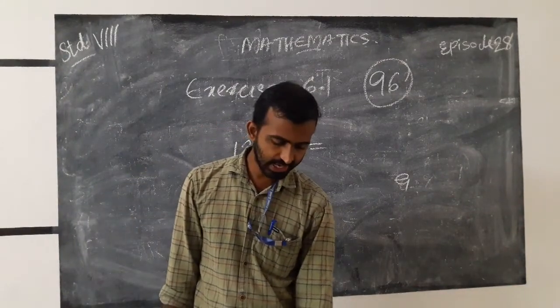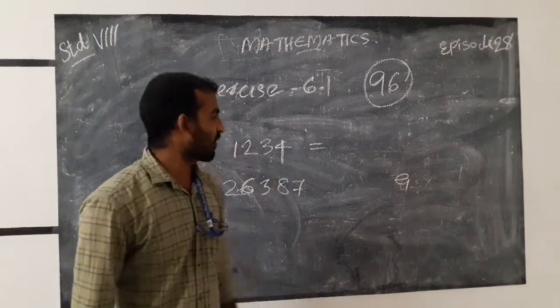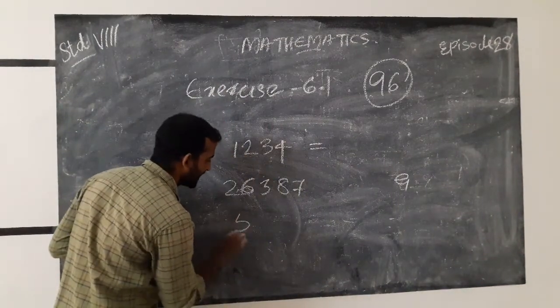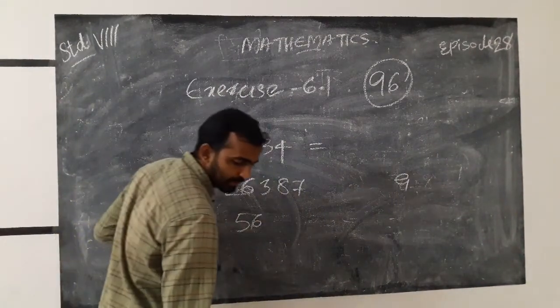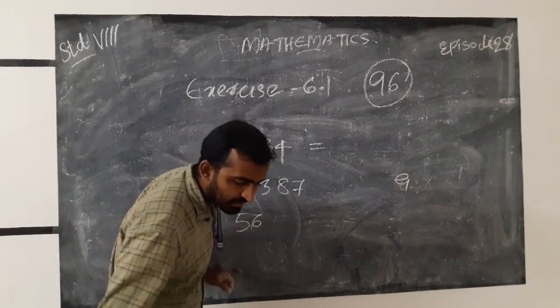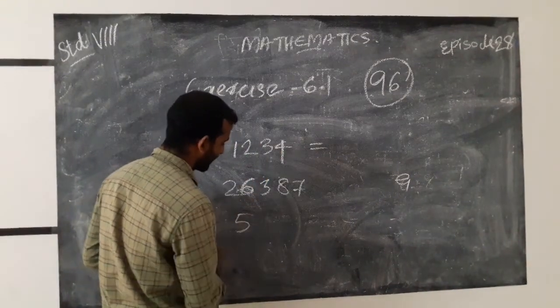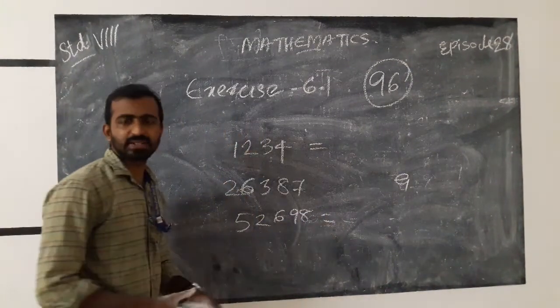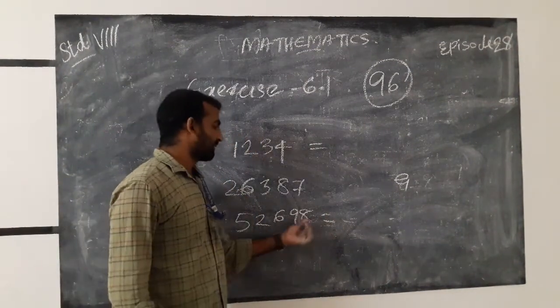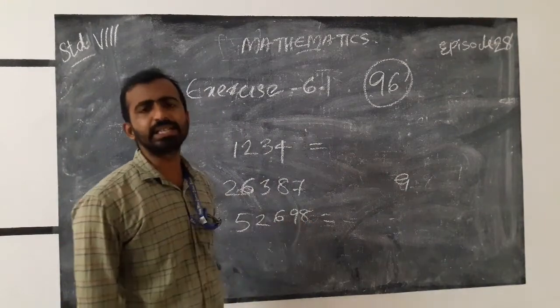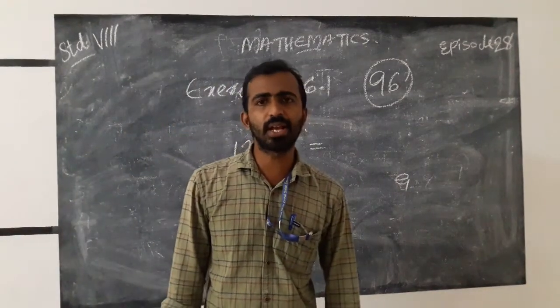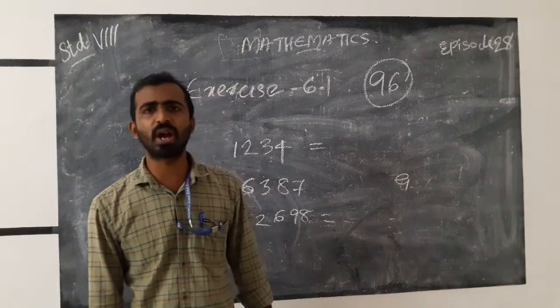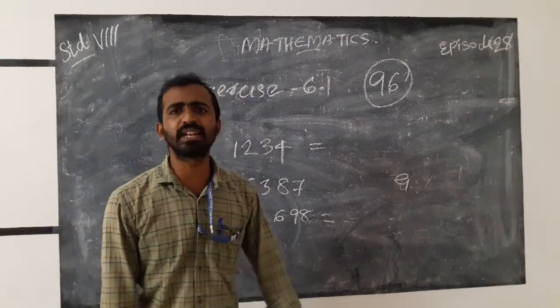52,698. When we see that the unit place of the number is 8, the square of 8 is 64.